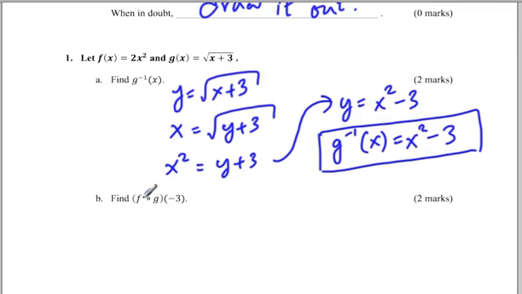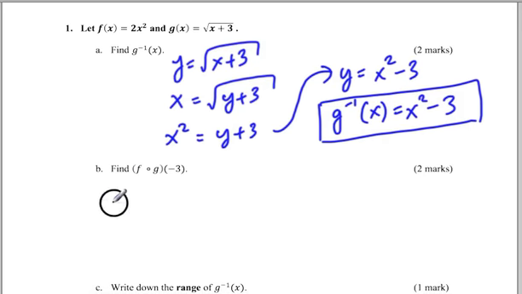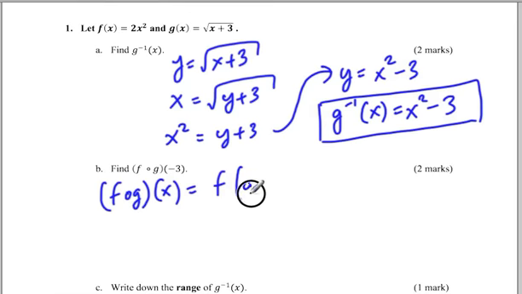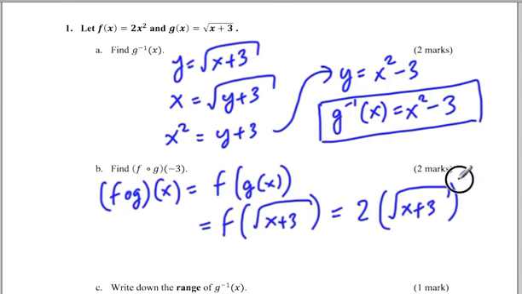Now, find f of g of negative 3. If you ever want to do this, first find what f of g of x is. It just makes it easier from my point of view. g of x is the square root of x plus 3, so it's f of the square root of x plus 3. Since this is the argument, you plug it into the x in f. So it's 2 times the square root of x plus 3, squared.